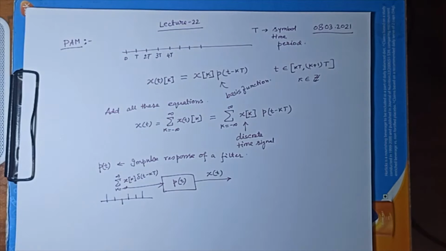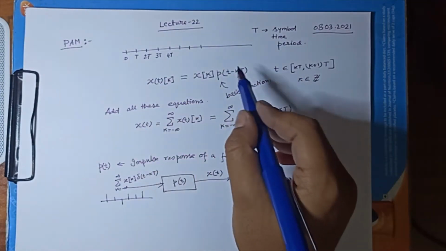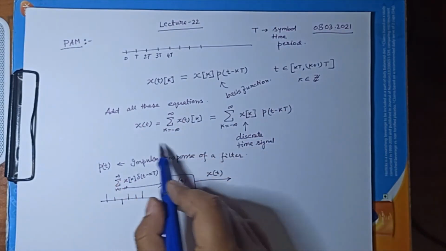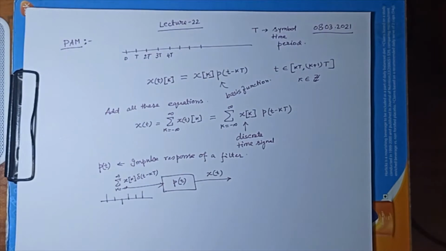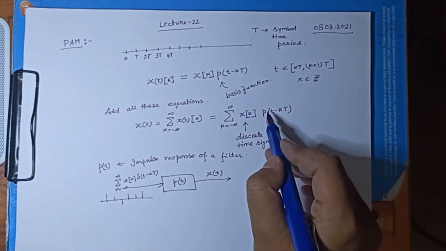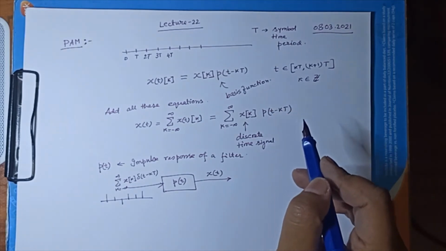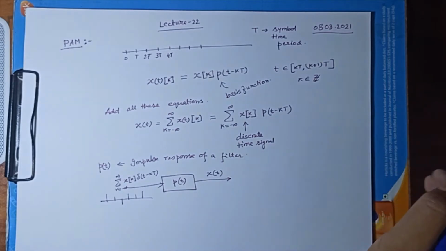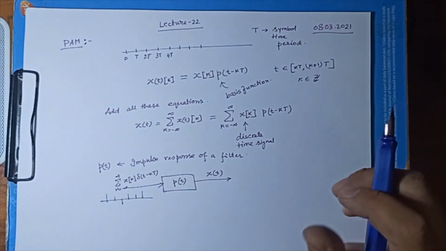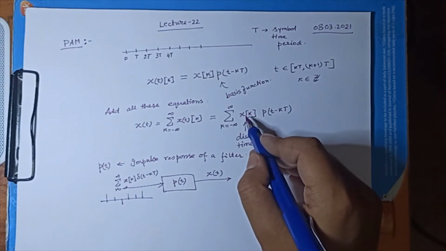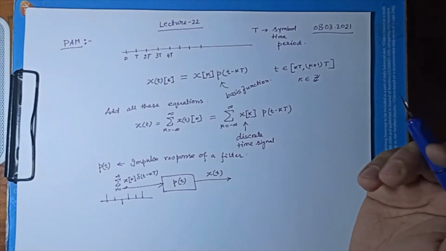Of course, when I am writing just for one time interval, this is one dimensional signaling where you are using only one basis function. However, when I am observing this convolution equation, you can think that if I take this p(t minus kT) for all k to be a set of basis functions, where the shifted forms of p generate that infinite basis set, then this entire sequence, which is an infinite sequence, will work as the coordinates.